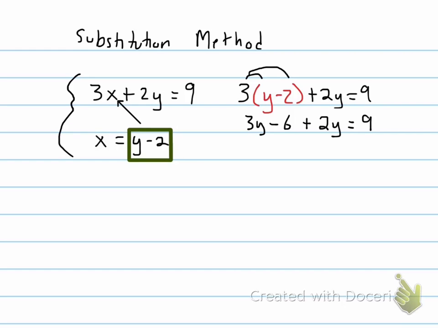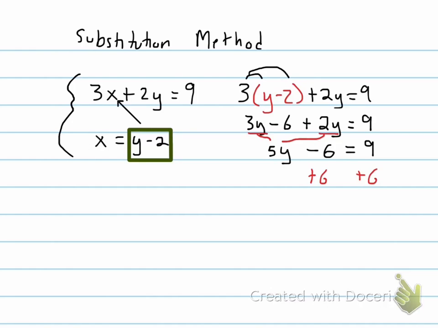Well, now I have to combine these terms. Alright, so that becomes 3 plus 2y, 5y minus 6 equals 9. Now I add 6 to both sides.